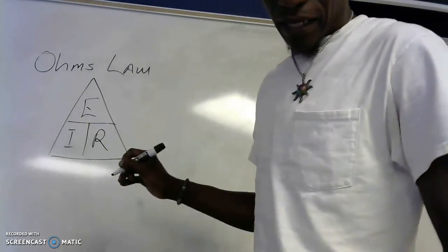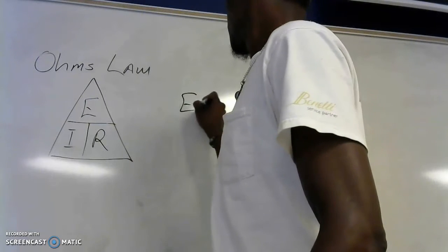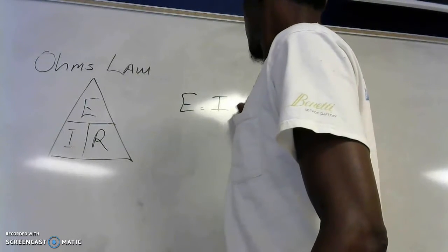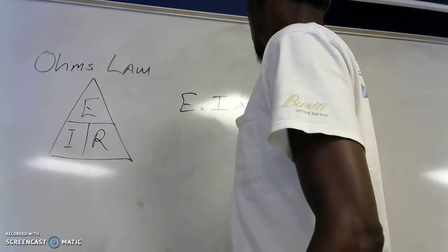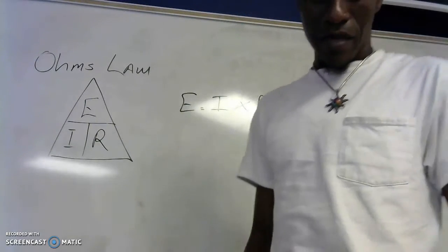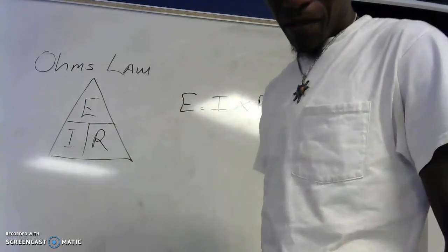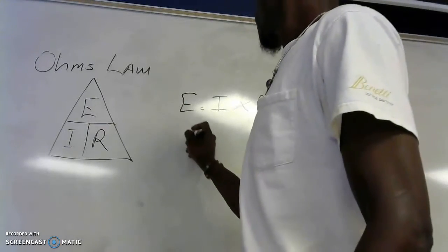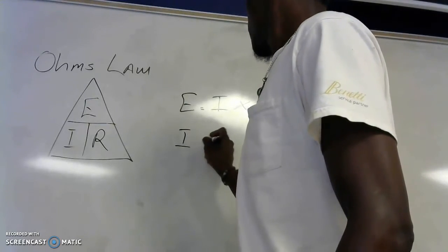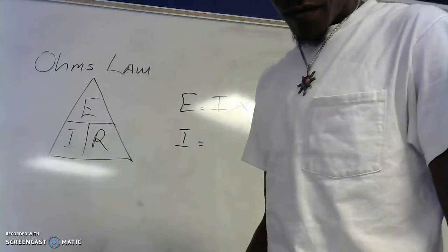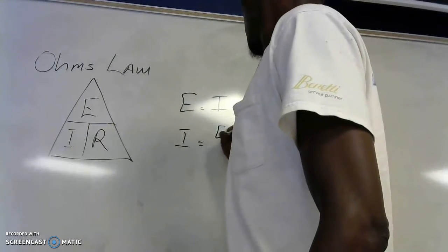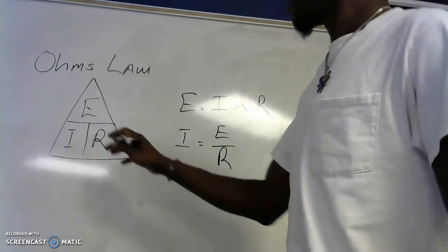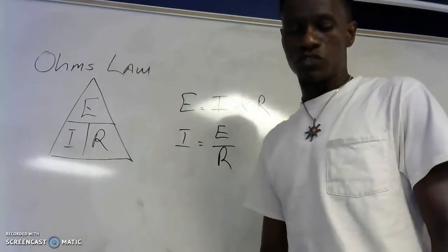To find E, it would be I times R. And to find the intensity, the current, it would be E divided by R. That's what this Ohm's law triangle is doing.